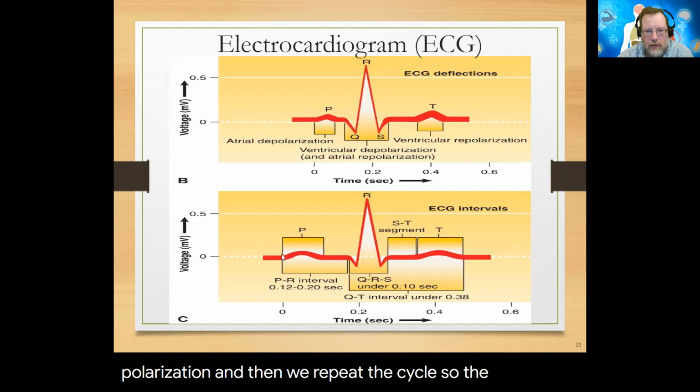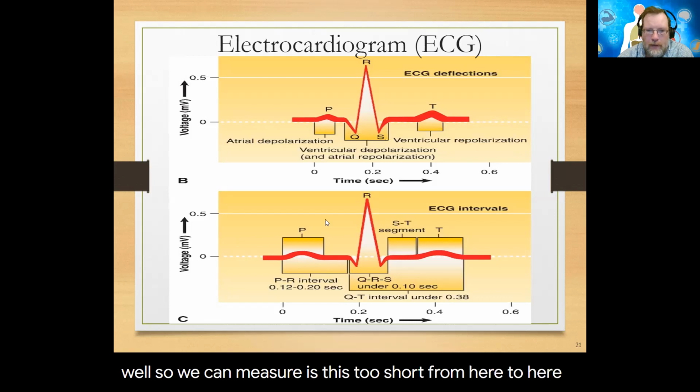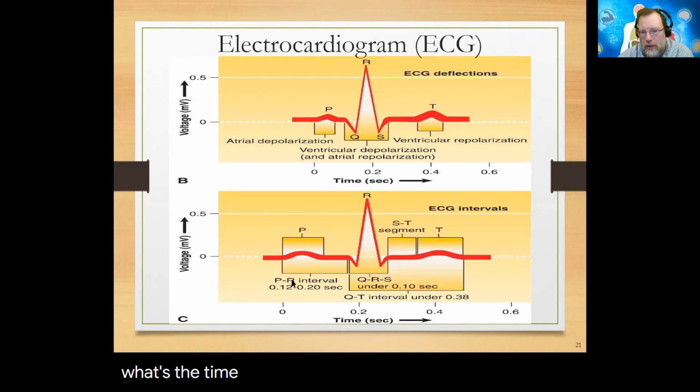So on an EKG chart, we can see the P to R interval as well. So we can measure, is this too short from here to here? What's the time or the interval?